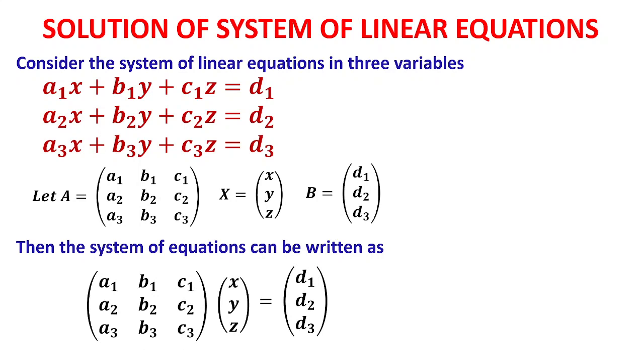Multiplication of the 2 matrices will be the third one. Therefore, AX is equal to B. Therefore, we are now able to express the given system of linear equation, whether it is 2 variable or 3 variable, as matrix AX is equal to B, where capital A is the coefficient matrix, capital X is the variable matrix, and capital B is the right hand side number matrix.